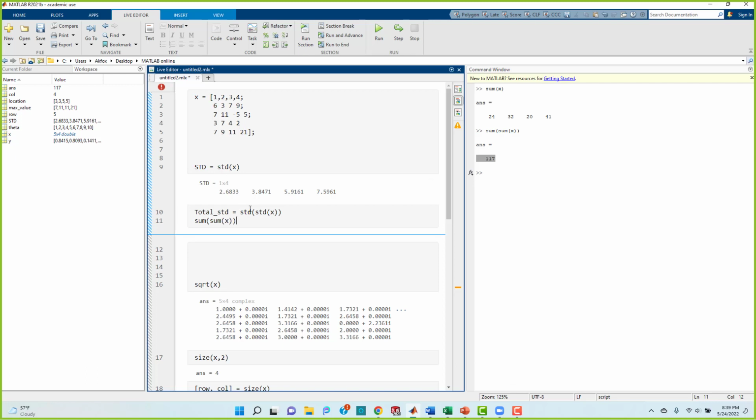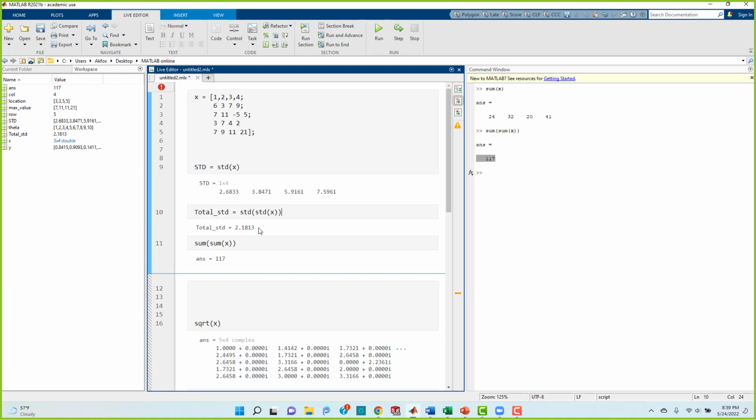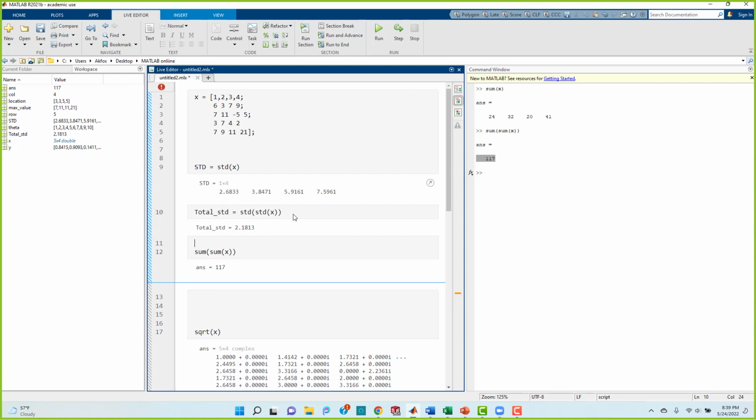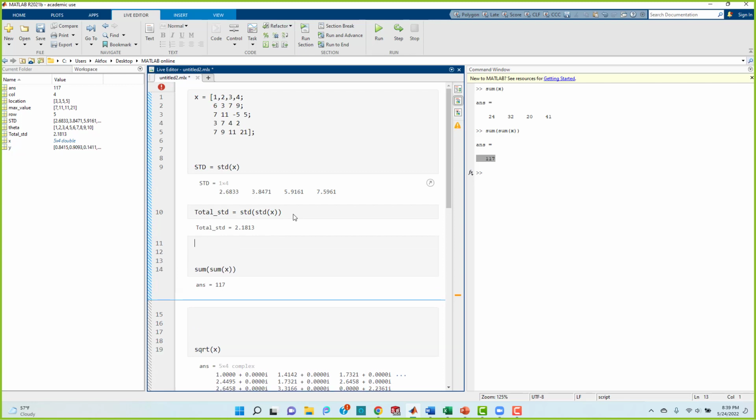But if you take the standard deviation of the standard deviation, we see this is saying it's 2.18, but this is a standard deviation of this vector of the results of the standard deviation. To get the standard deviation of the entire matrix, one way to do that is to convert that matrix into a column vector by putting a colon inside of parentheses.